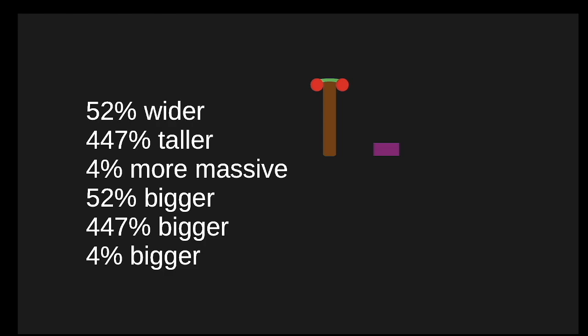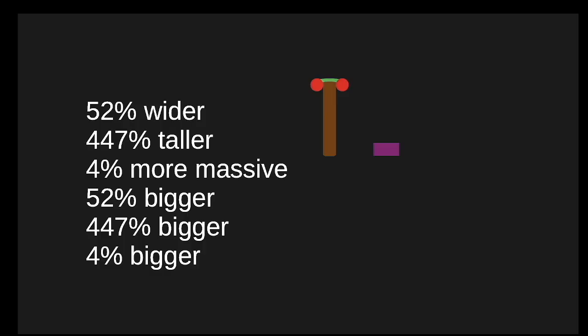If we ignore my art skills, let's suppose that 52% wider is the correct comparison for these two objects. So the first object is 52% wider than the second object. But if I pick a different number, like 447%, that would be wrong. The first object is not 447% wider than the second object.